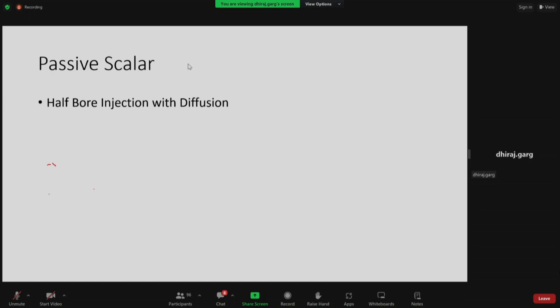What I'm trying to say is that when you are injecting a tracer, it can diffuse also. In a laminar cylindrical flow, if you are injecting in one half of the cylinder, because of diffusion the interface will not remain sharp, because it will see that on the other side there is no tracer.